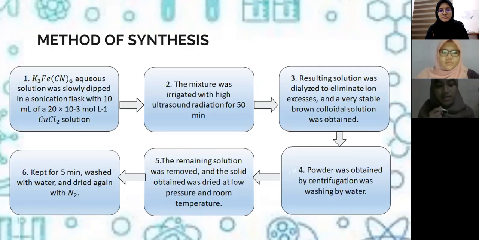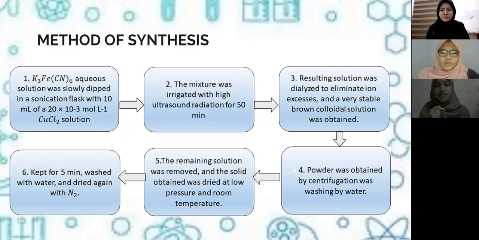Potassium hexacyanoferrate 3 aqueous solution and copper chloride were mixed together in a conical flask, and then the mixture was irradiated with high ultrasound radiation for about 50 minutes, and then the resulting solution was dialyzed to eliminate excess ions, and the stable dark color solution will form.